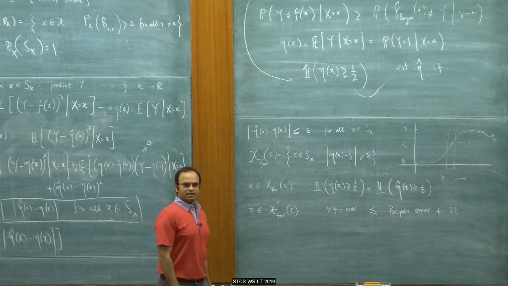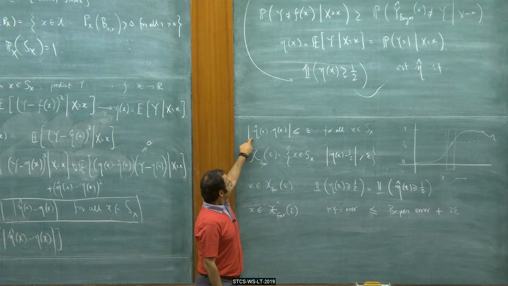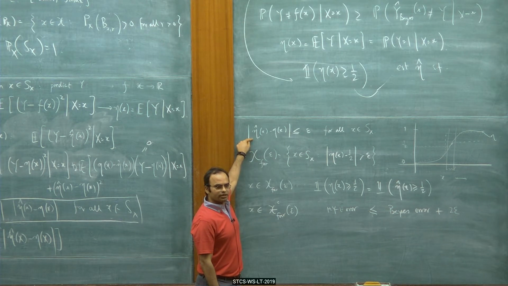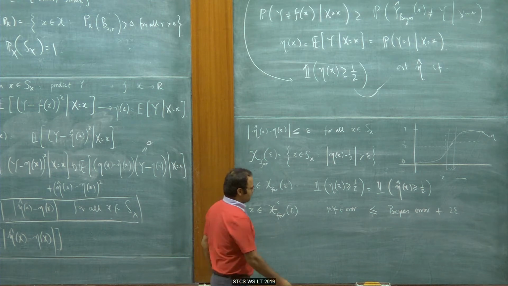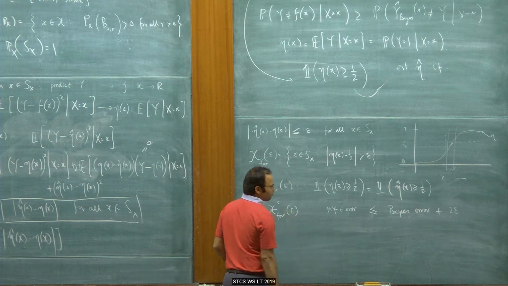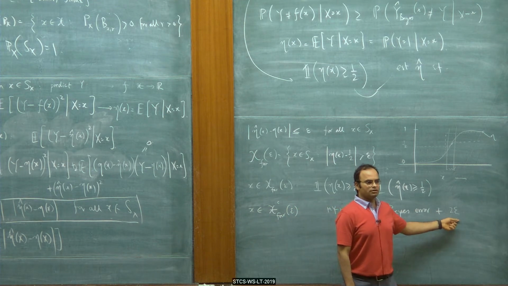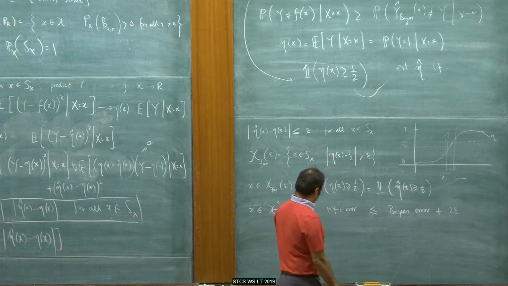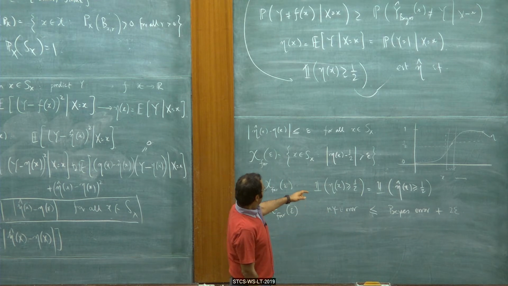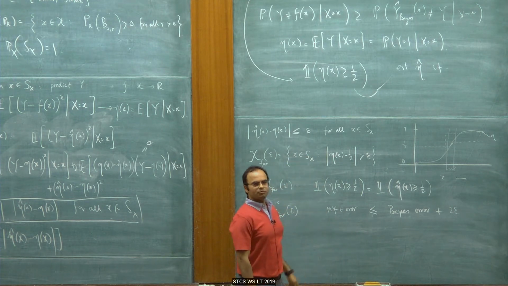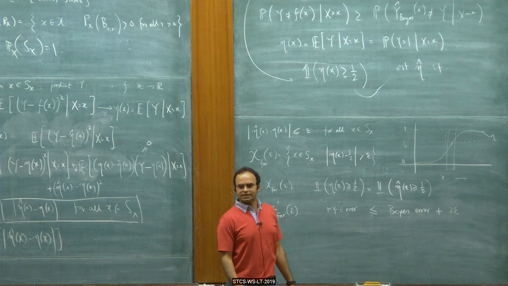Okay. So which means that if I had a good estimator here, then I will conclude that my error more generally is no more than the Bayes error plus 2 epsilon. And then the question is, okay, that sounds great, will this be true always? Well, maybe not always, but it'll be true with probability 1 minus delta.